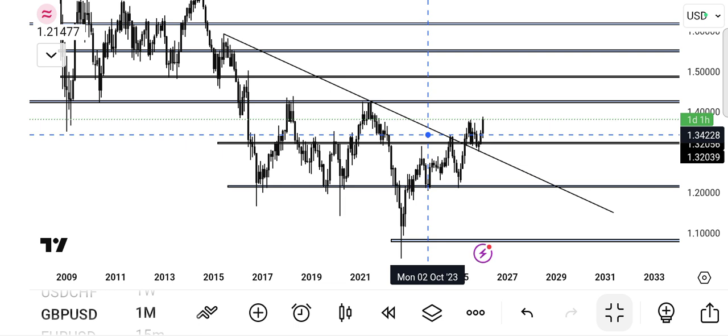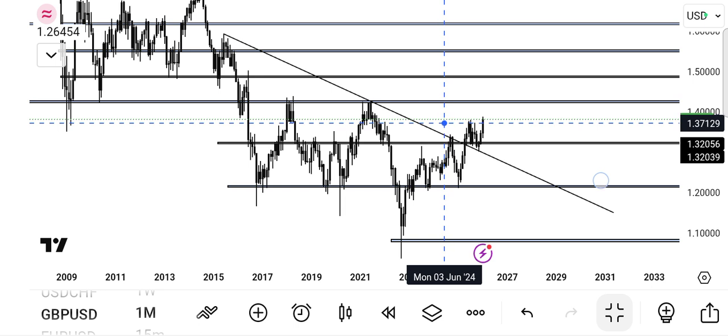So I'll just say psychology and discipline are one, risk management on its own, then technical analysis 10%, risk management 30%, then psychology and discipline 60%.